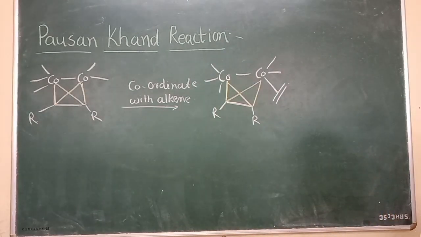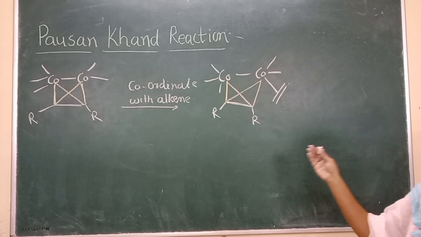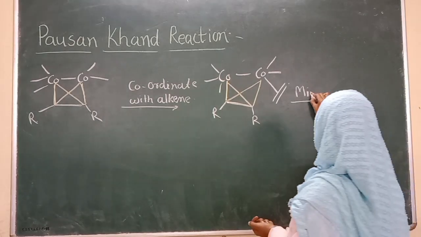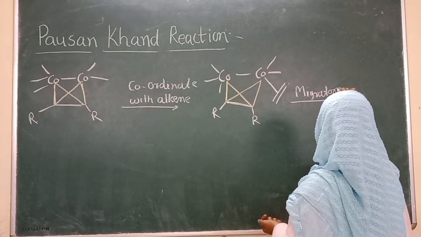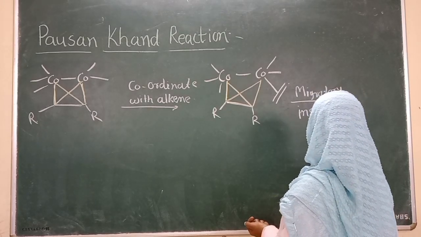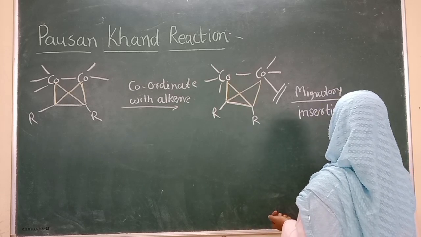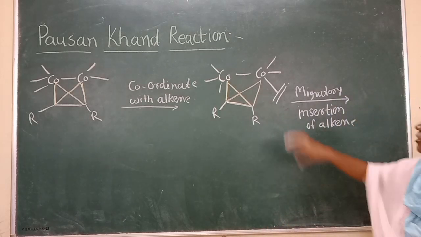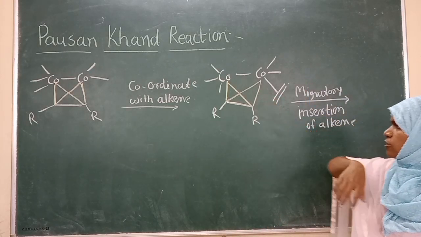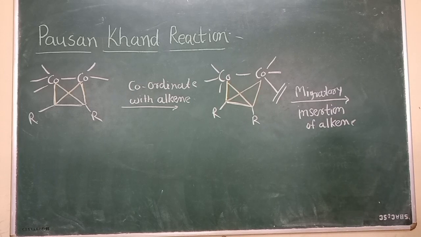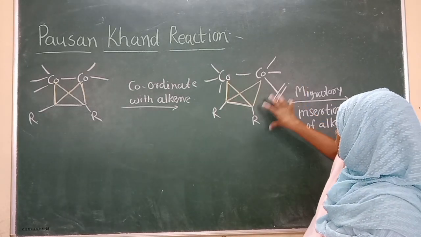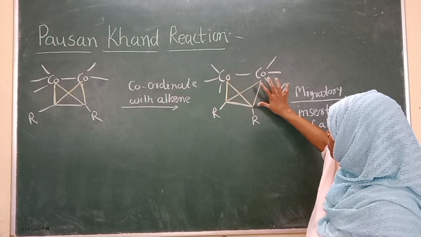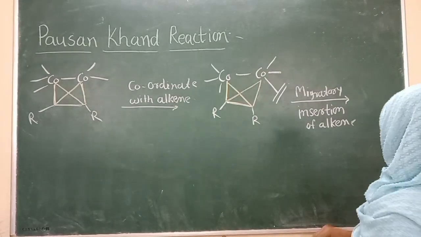After coordination with alkene, here migratory insertion of alkene takes place. How does it migrate? This alkene group forms a new bond between this carbon and this cobalt. This bond will break. Now, what will be the product?